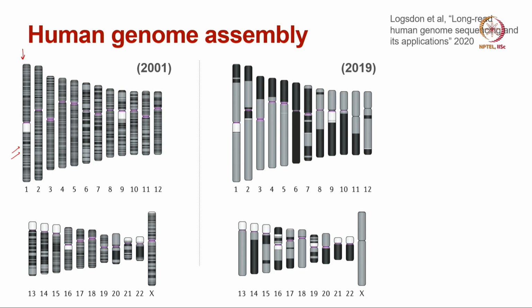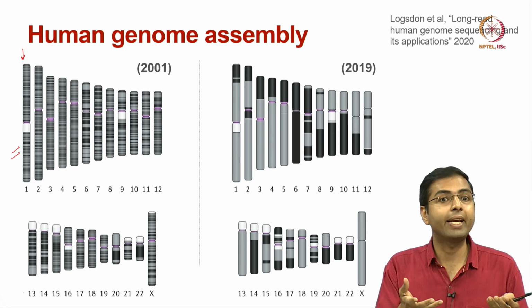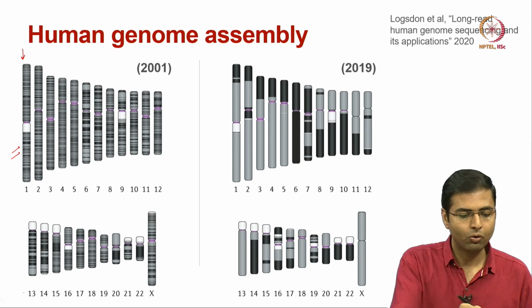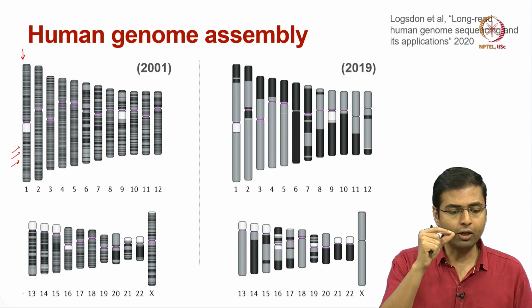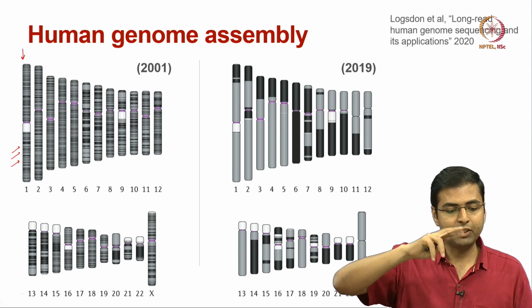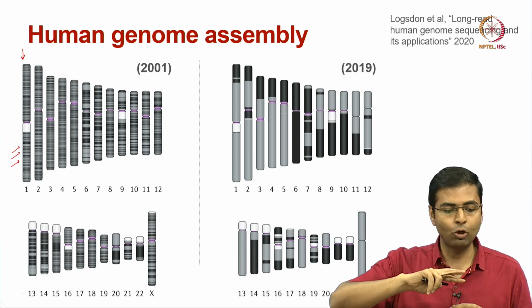And remember that breaks can happen due to repeats. So when your reads are not spanning the repetitive regions, then you will have a break in the genome assembly. So frequent switching of gray and black colors indicates frequent breaks in the genome assembly.